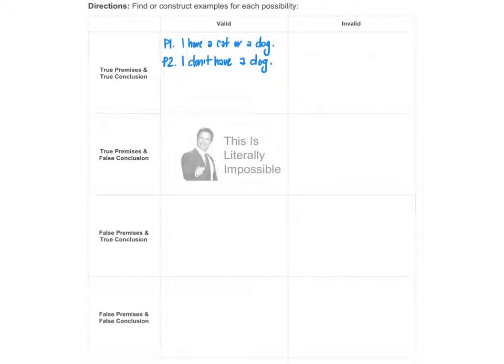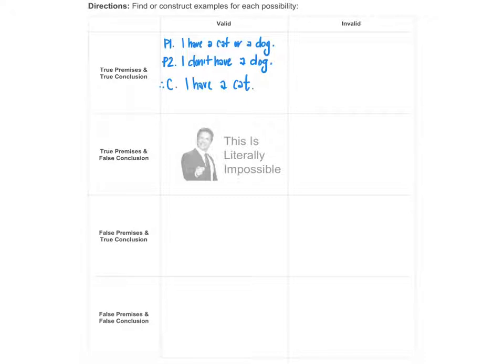Conclusion, what follows if this is a valid argument, because we're putting this in the valid argument category, the conclusion that follows is therefore, I'm going to use these 3 dots to represent therefore, I have a cat. For a moment here, let's not worry about whether these premises and conclusion are true or false, and just see if it makes sense to say that this is valid.